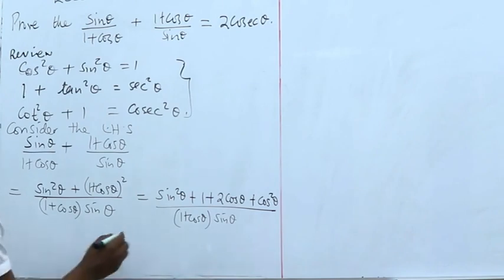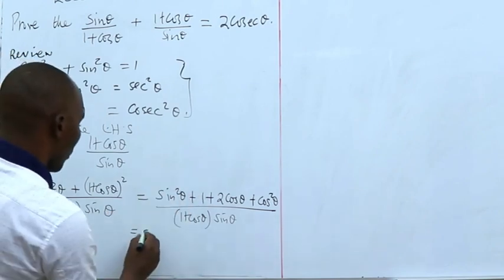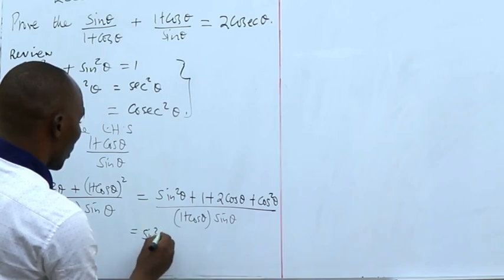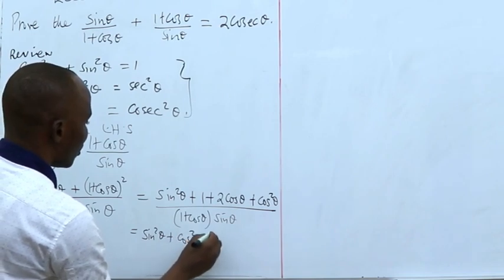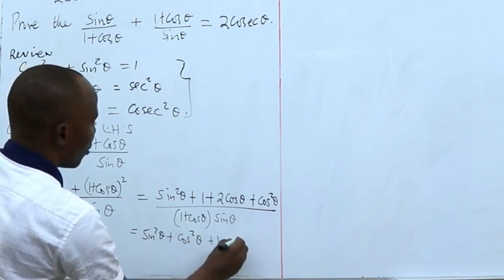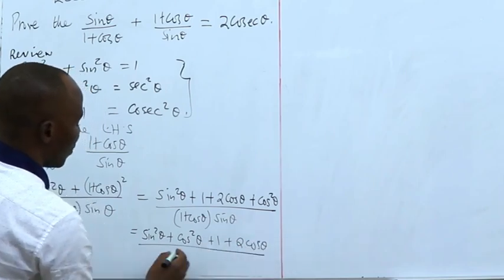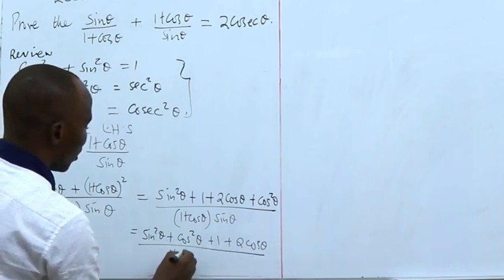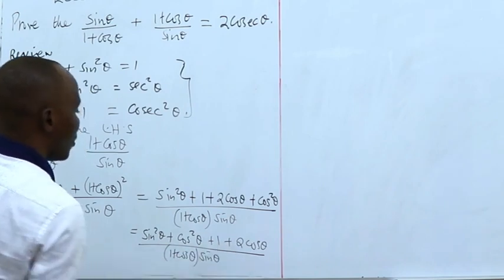So from here we do have sine squared theta plus cos squared theta, then plus 1 plus 2 cos theta. Everything is over 1 plus cos theta, then sine theta.